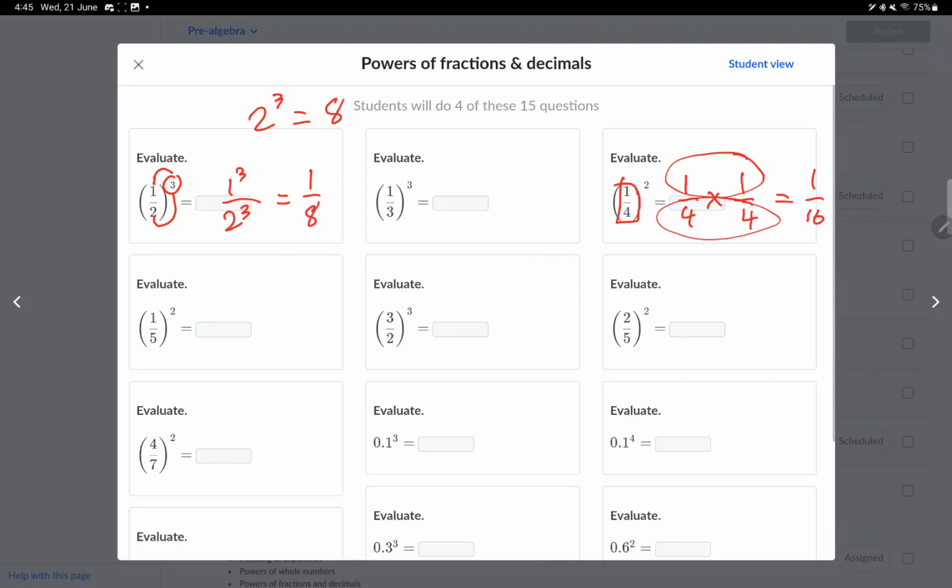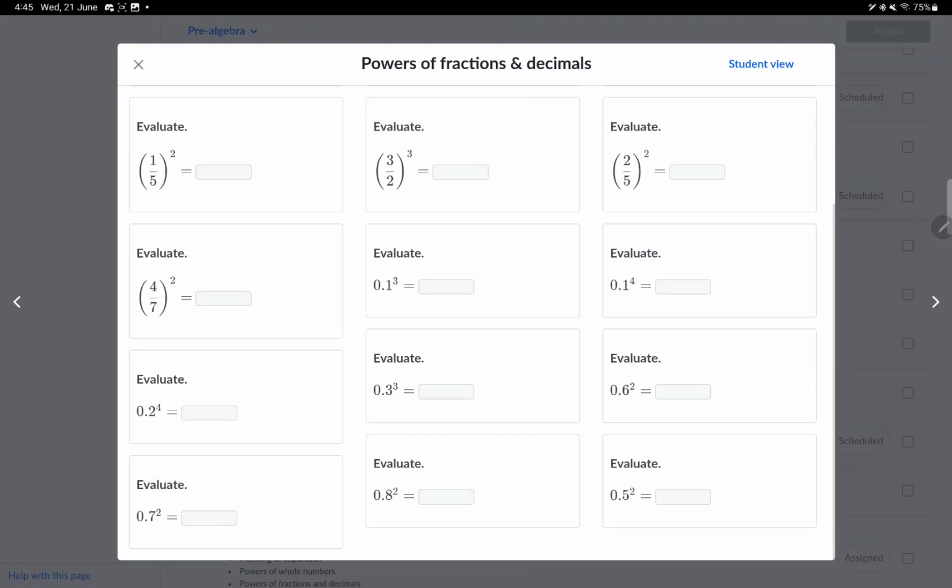So fractions are actually not too bad. The ones that are a little bit trickier are these ones here, which you technically have to multiply together. For example, 0.1 to the power 3. You do 1 to the power 3, multiplying the whole numbers 3 times.